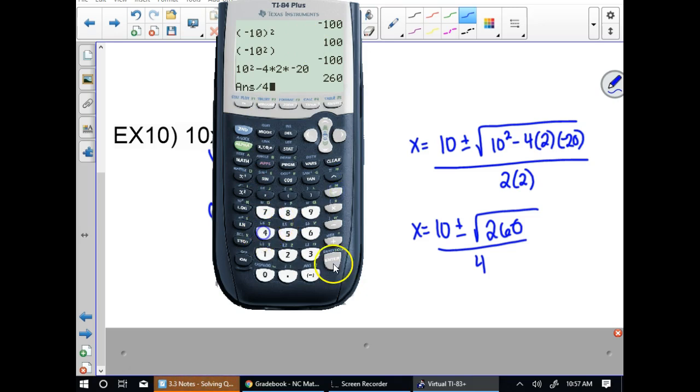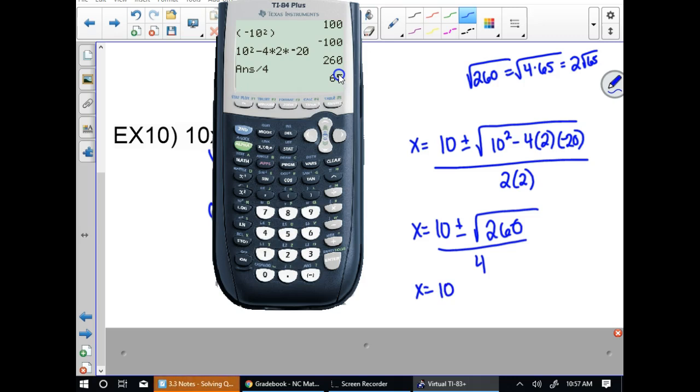Say 4 goes. 4 and 65. 65 won't break down. We saw that in the warm-up this morning. So if I've got square root of 260, and that is square root of 4 times 65, that means I've got 2 times the square root of 65. So I've got x equals 10 plus or minus 2 square root of 65 all over 4.